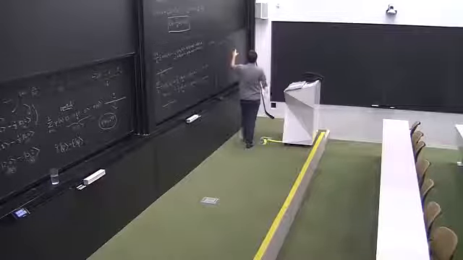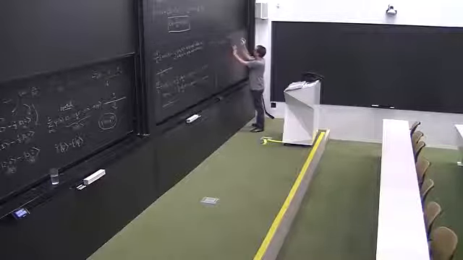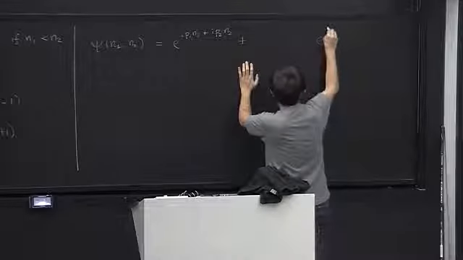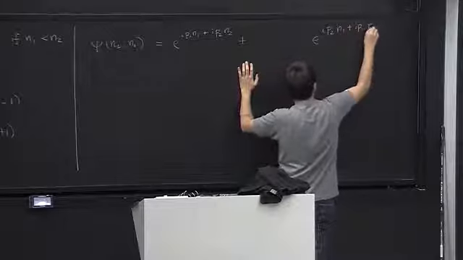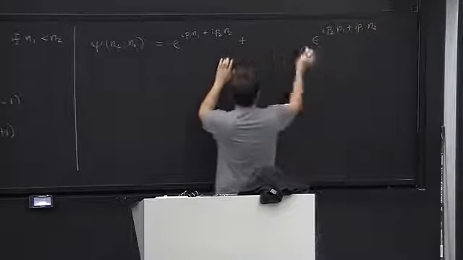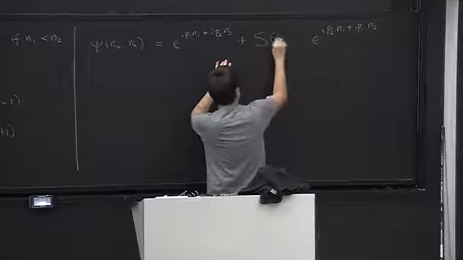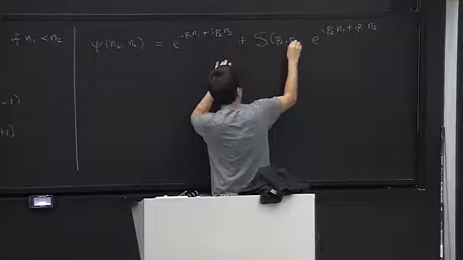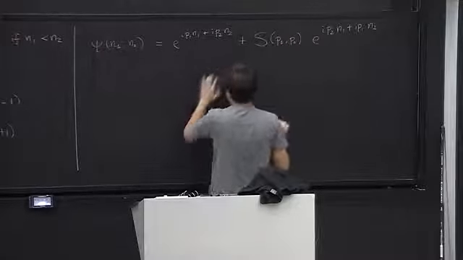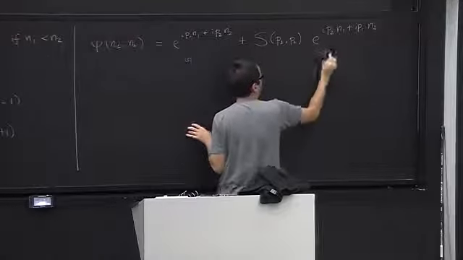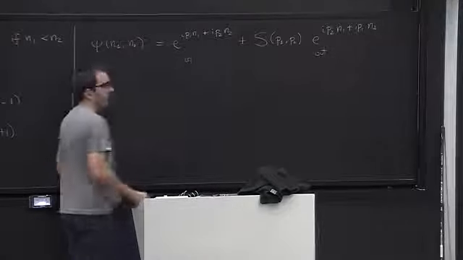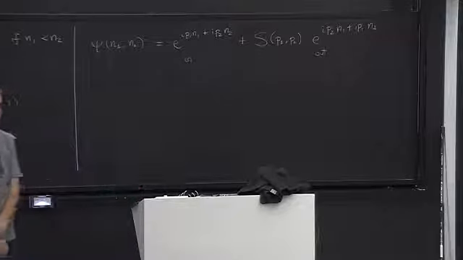You should also allow for the possibility of exchanging the momenta, p2 and p1, plus i, p1 and 2. And the relative coefficient between the two, we call it S, some number, okay? So you can think that this is like some ingoing and this is like some outgoing wave, okay? And this would be the most general thing you would write.